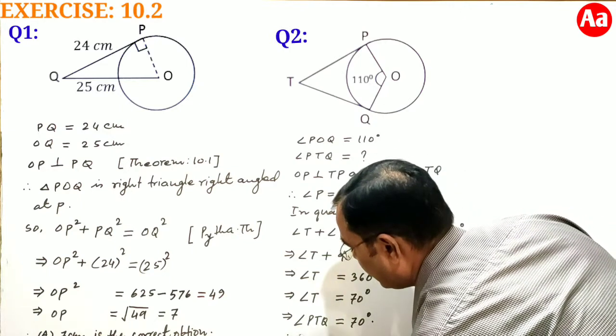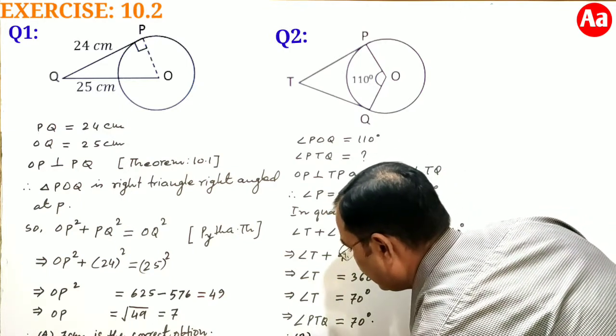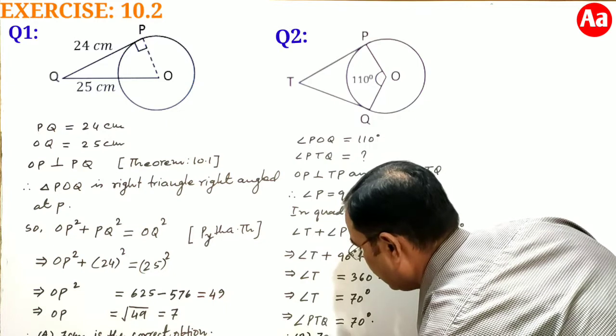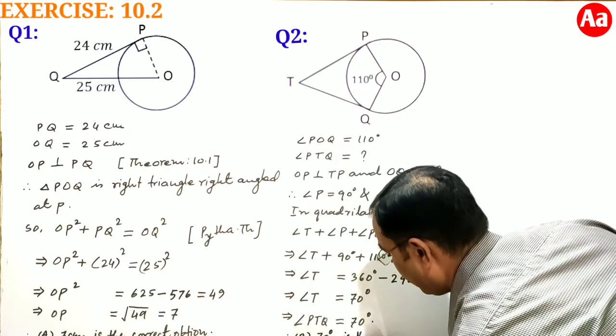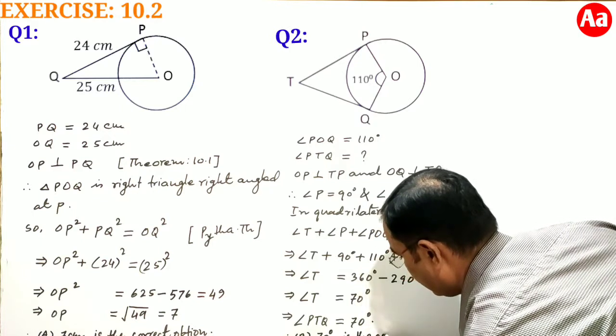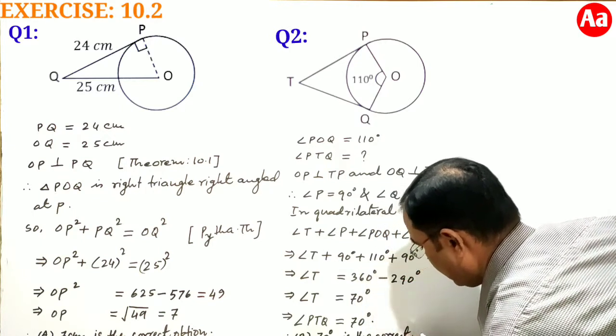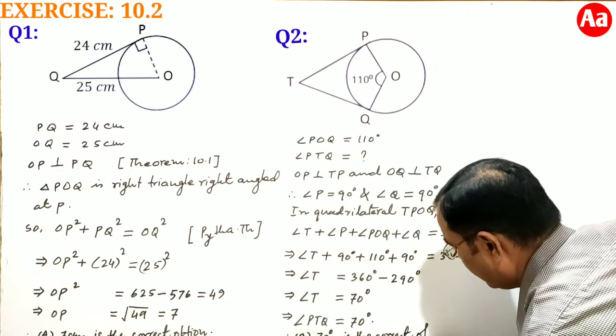Therefore, option B, 70 degrees, is the correct option.